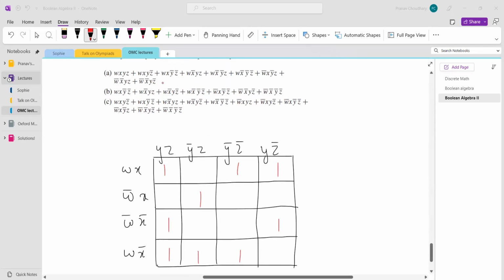Shresht, we are trying problem one, minimization of this function by K-map. So try to solve that.